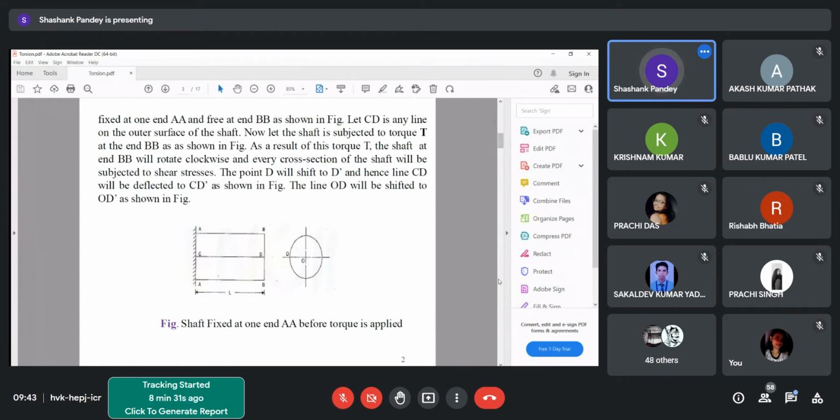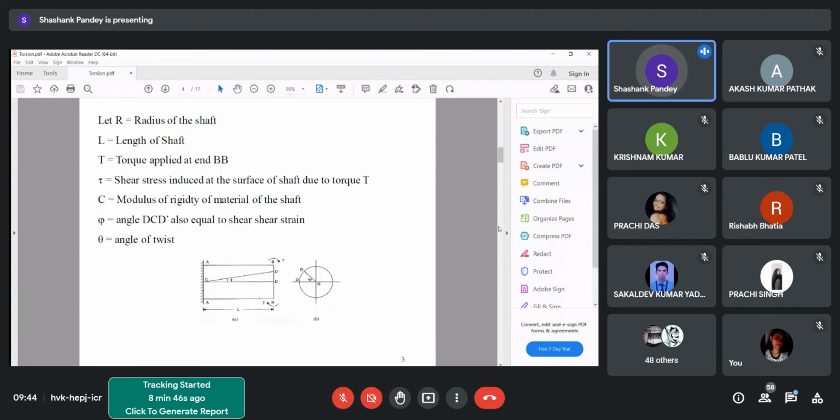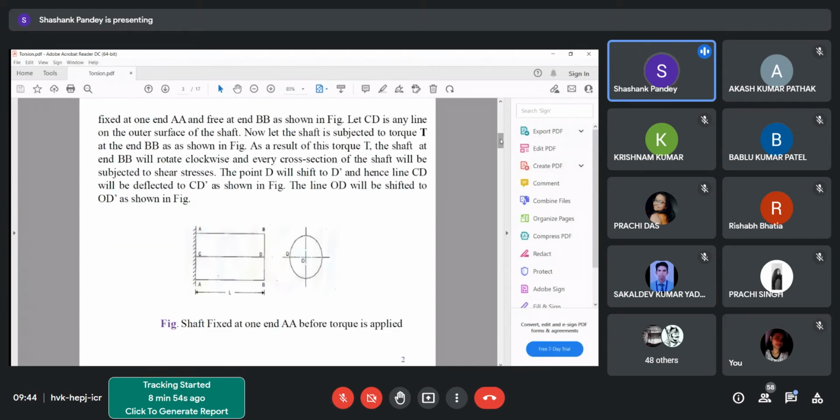The point D will shift to some other point, let us assume D dash, and hence line CD will be deflected to CD dash. In the next figure, we will see that this point D has been shifted to D dash.